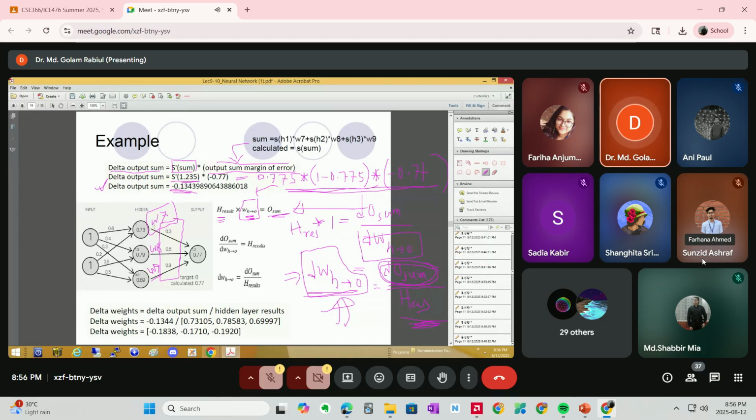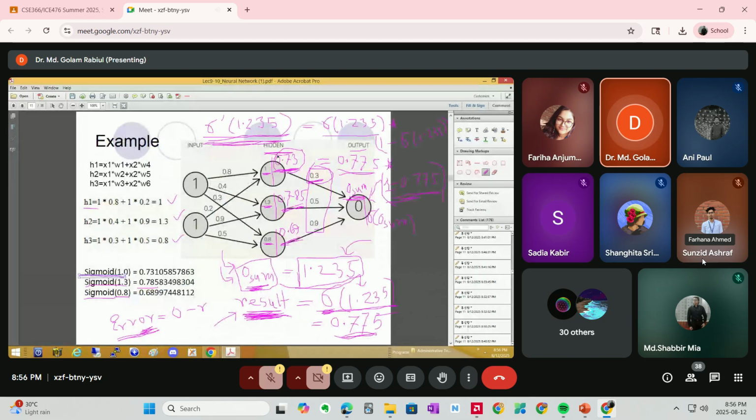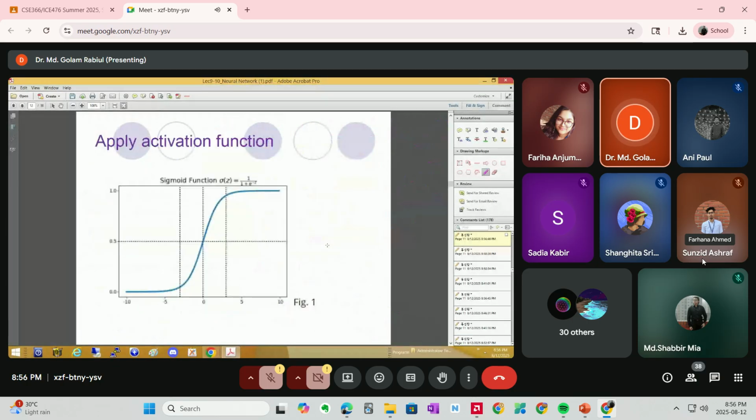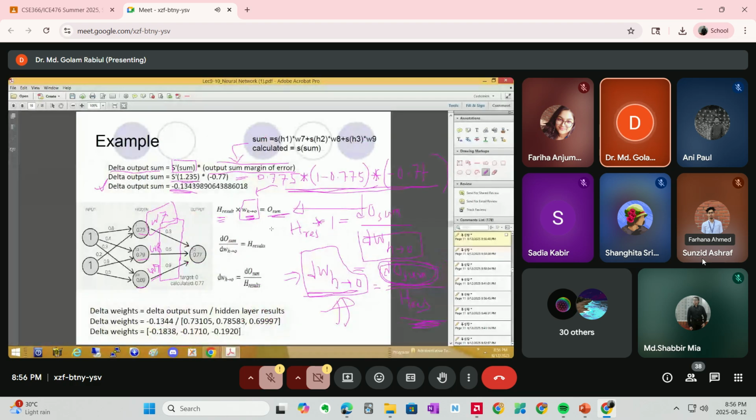We know that the hidden layer results are 0.73, 0.785, and 0.69. So these are our hidden layer results. We have to divide the delta output sum by these three values. So that's what we have written here. This is the value.